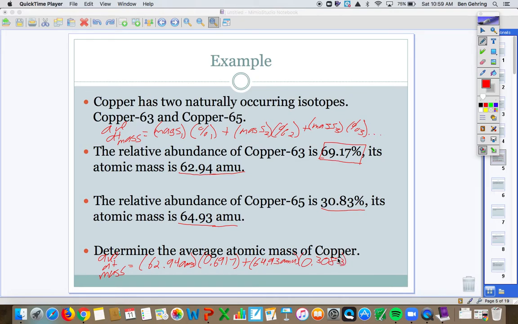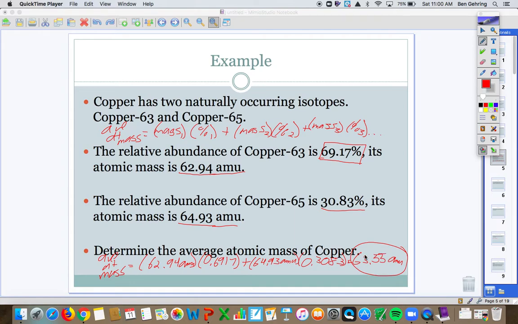If you multiply 62.94 times 0.6917 plus 64.93 times 0.3083, you should come to an answer of 63.55, and my unit is AMU. That should be your average atomic mass for copper in this case.